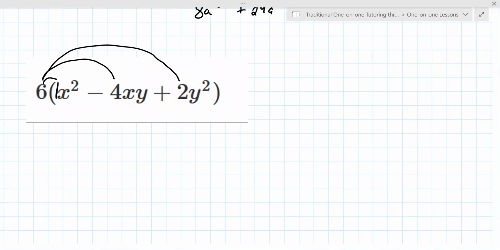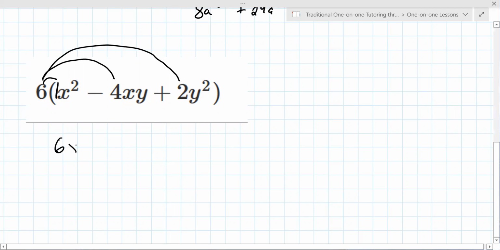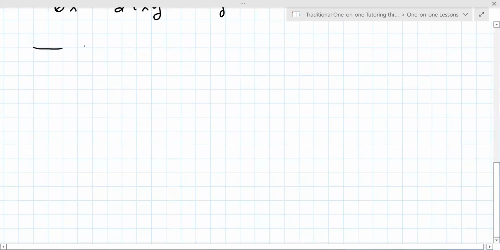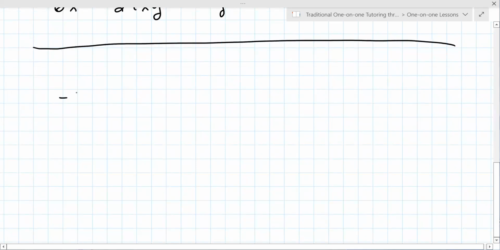Okay, I got it. Okay, so here's the correct answer. Is this what you wrote? Yep. Excellent. Okay, now, and this is the more problematic one, is when you multiply by a negative. So let's say it's -2 times 5x squared minus 3x minus 4.